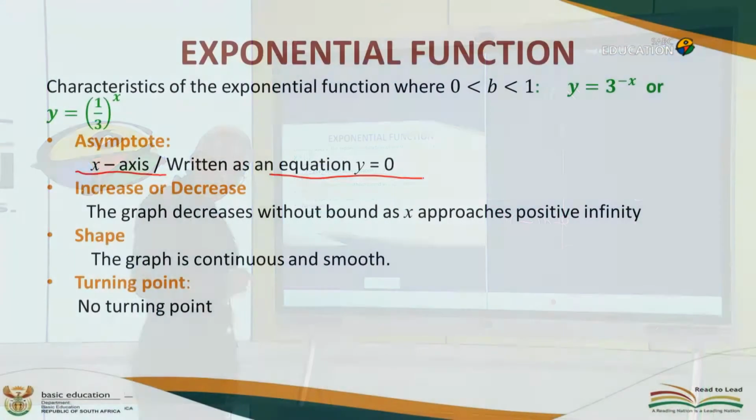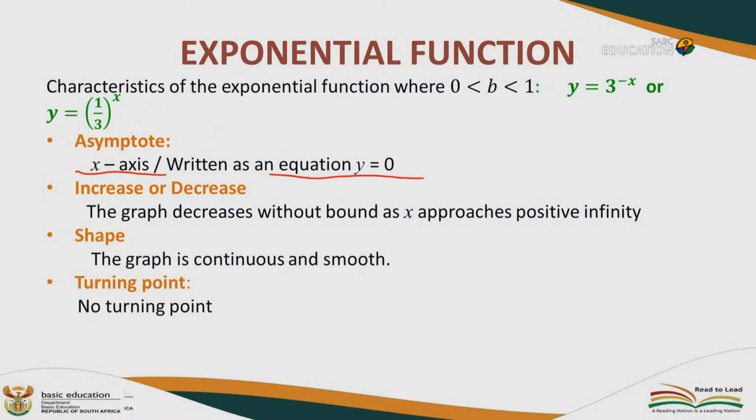Now, is it an increasing or decreasing function? It is a decreasing function. So what happens? It decreases without bound as x approaches positive infinity. As x approaches positive infinity, what happens to the graph?